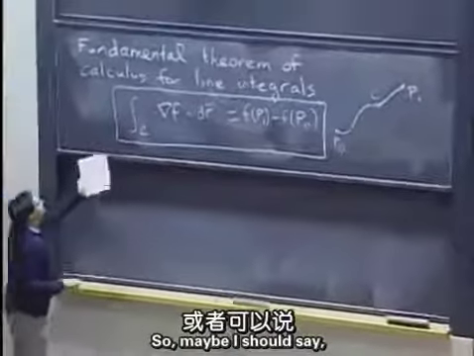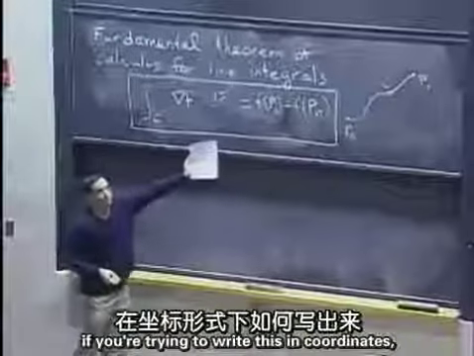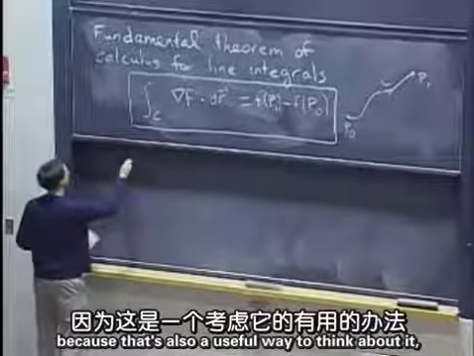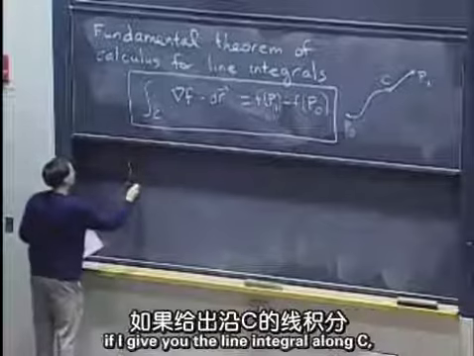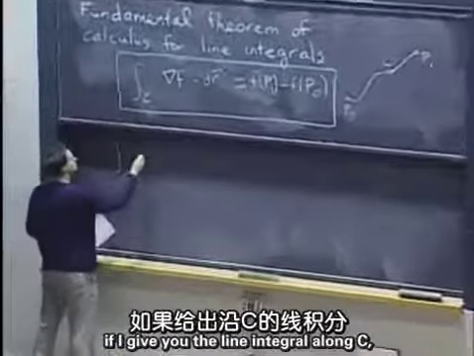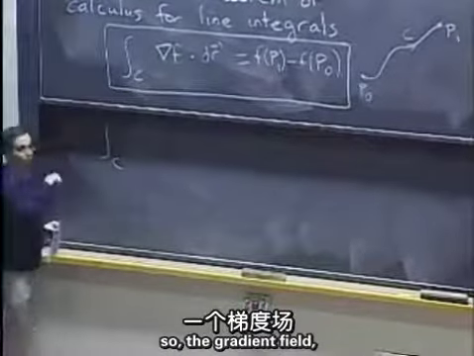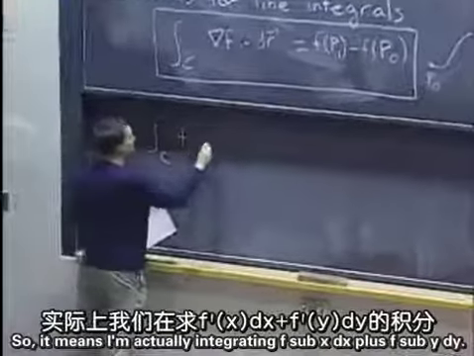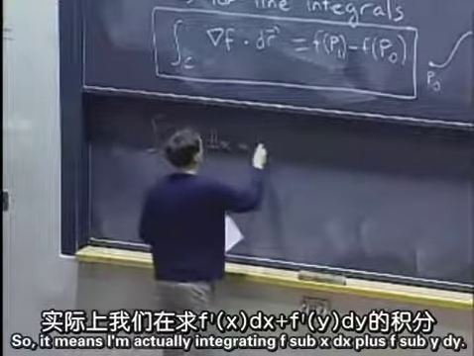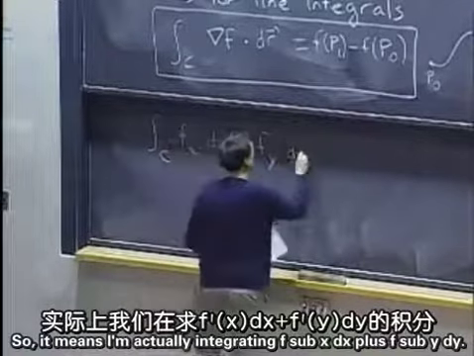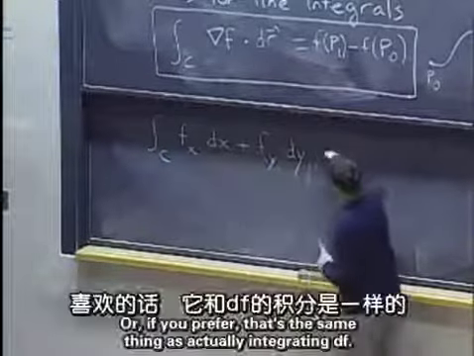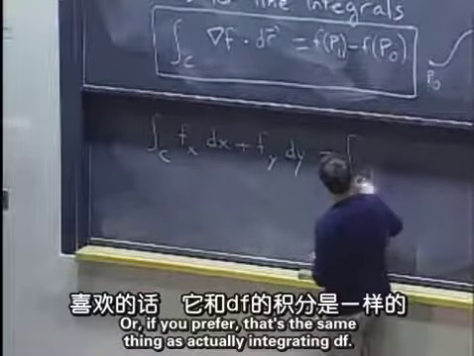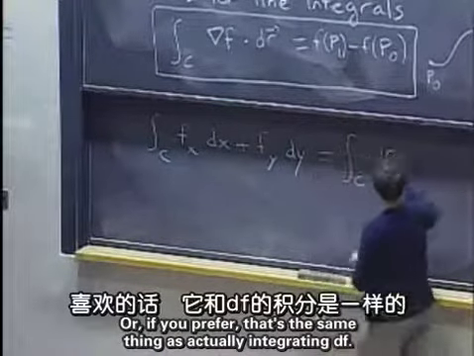So maybe I should say, if you try to write this in coordinates, because that's also a useful way to think about it. If I give you the line integral along C, so the gradient field, the components are f sub x and f sub y. So it means I'm actually integrating f sub x dx plus f sub y dy. Or if you prefer, that's the same thing as actually integrating df.